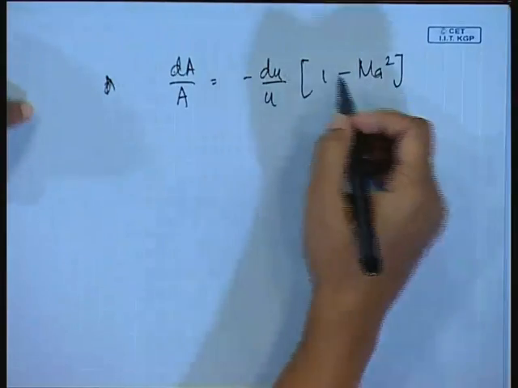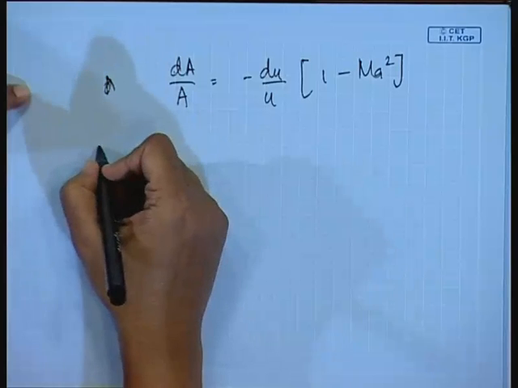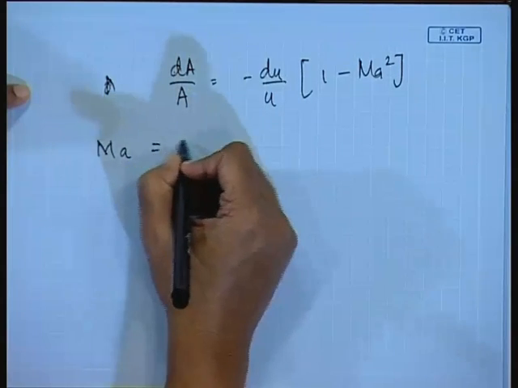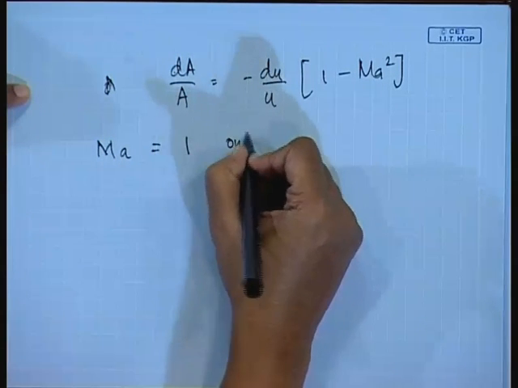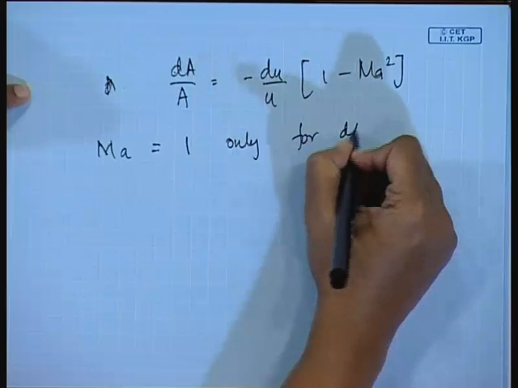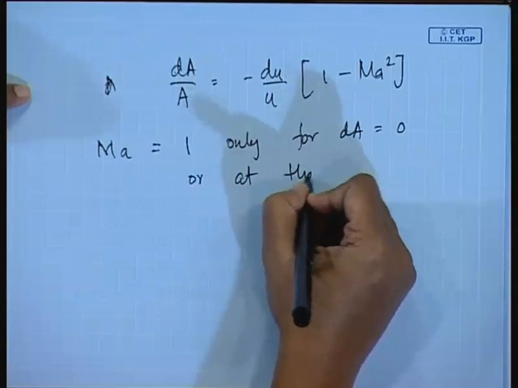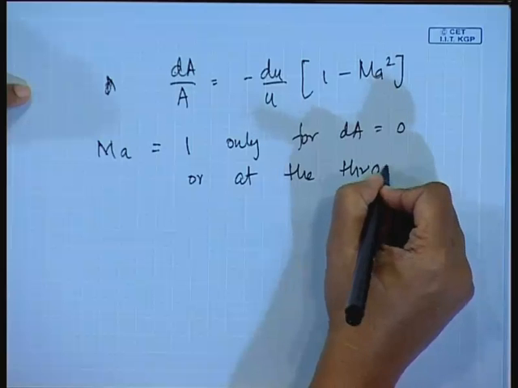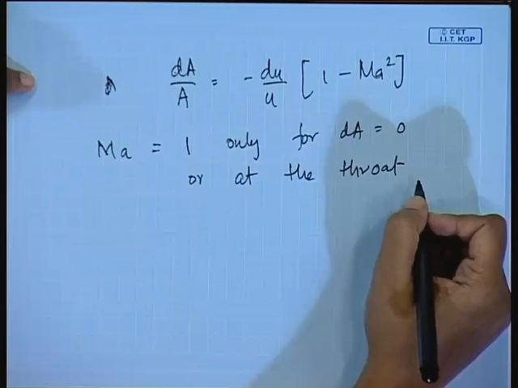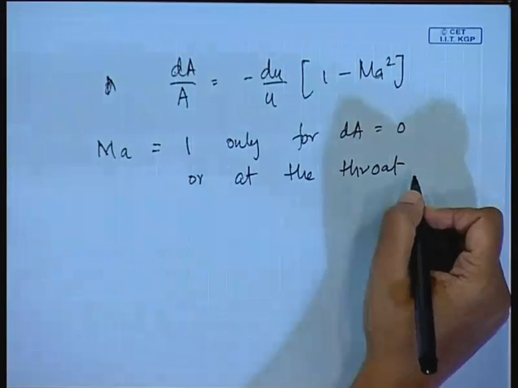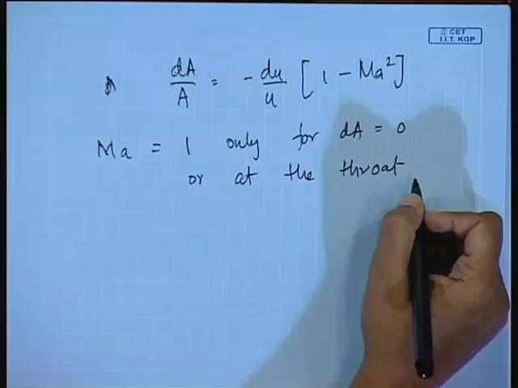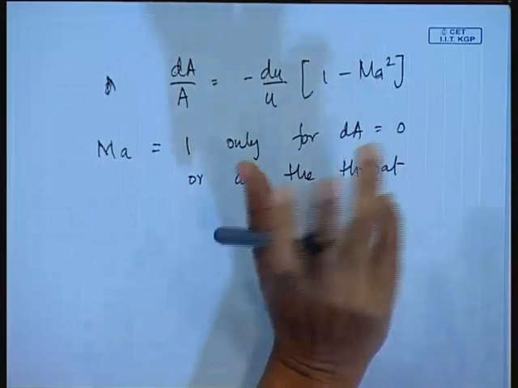From this particular equation we get that Mach number can be equal to 1 only for dA equal to 0, or at the throat. It cannot be equal to 1 under any other condition. Agreed with me? Again the same thing. Does it imply that Mach number is always equal to 1 at the throat?